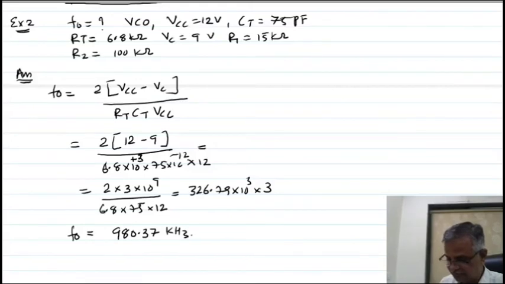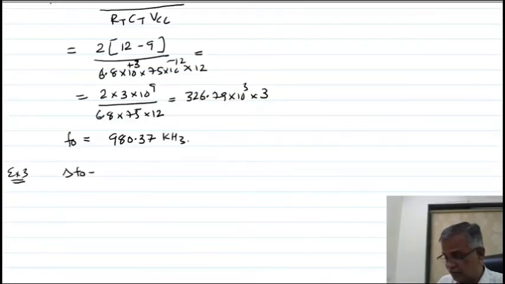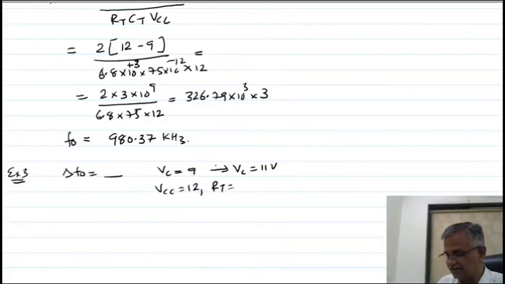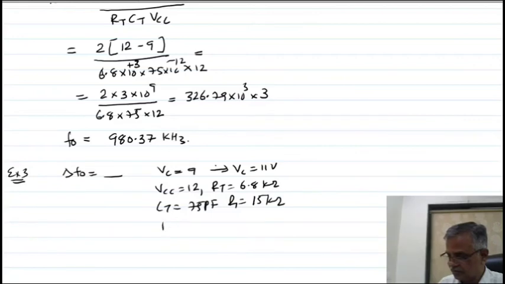Third numerical. For a VCO, calculate the change in the frequency if VC is changing from 9 volt to 11 volt. Your VCC is 12 volt, same data. RT is 6.8 kilo ohm, CT is 75 PF, R1 15 kilo ohm, R2 is 100 kilo ohm.